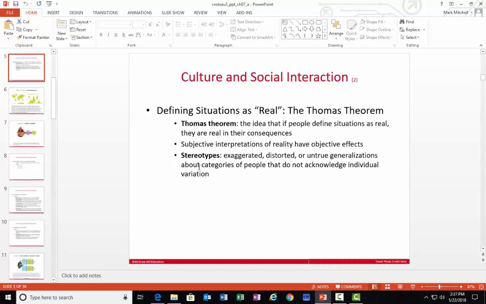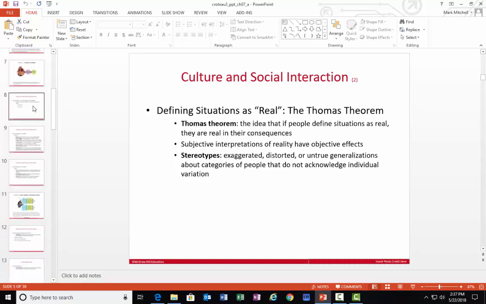You've probably heard that blondes are not smart, and we're not trying to offend anybody, but there's just lots of these stereotypes that are out there. And they're really not based on fact, but there's usually something, like our book mentions, a distorted or untrue, false generalization or experience that somebody had.